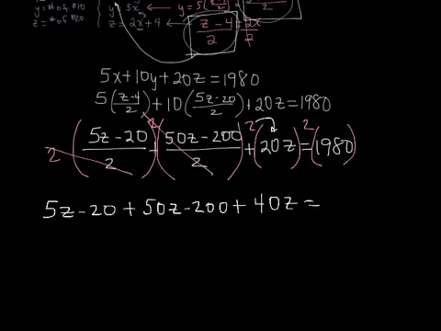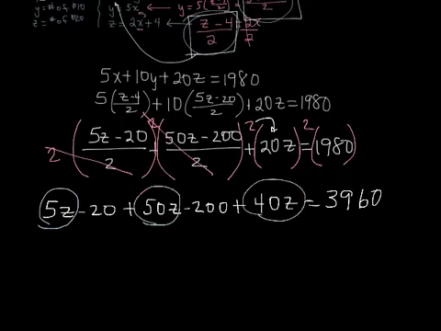And then I take 1980 times 2, and I get 3960. Big mess of numbers here, but all I'm doing is solving for z, so I'm going to look at each one of these and combine like terms, so that looks like 95z. Looks like my numbers here are going to be minus 220.